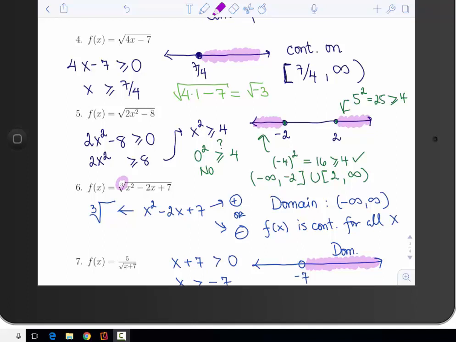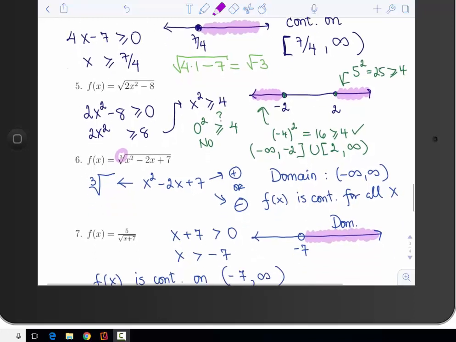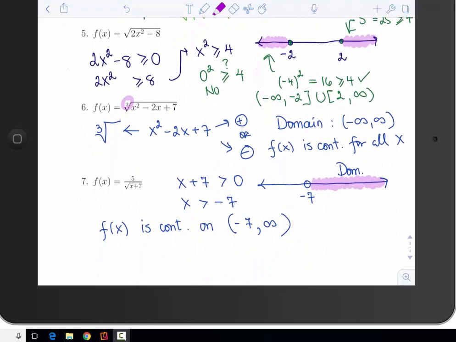The solution will be similar if you have 5th root, 7th root, 13th root, and so forth. Okay, if it's an odd root, you don't need to worry about the sign under the radical. If it's an even root, yes, we have to worry about this expression needing to be either greater than or equal to 0 if it's not in the denominator. If it is in the denominator, it needs to be strictly greater than 0. Okay? All right.